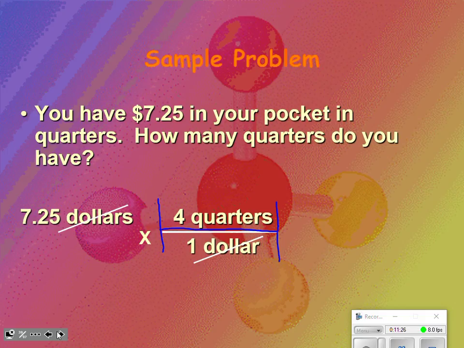So my new label is going to be quarters. I simply take 7.25 and multiply it by 4, and that gives me 29 quarters. All right. You've just made a conversion.